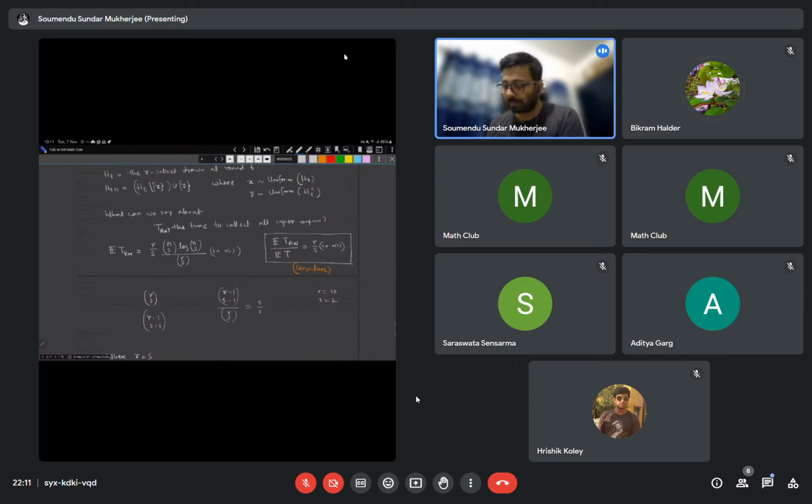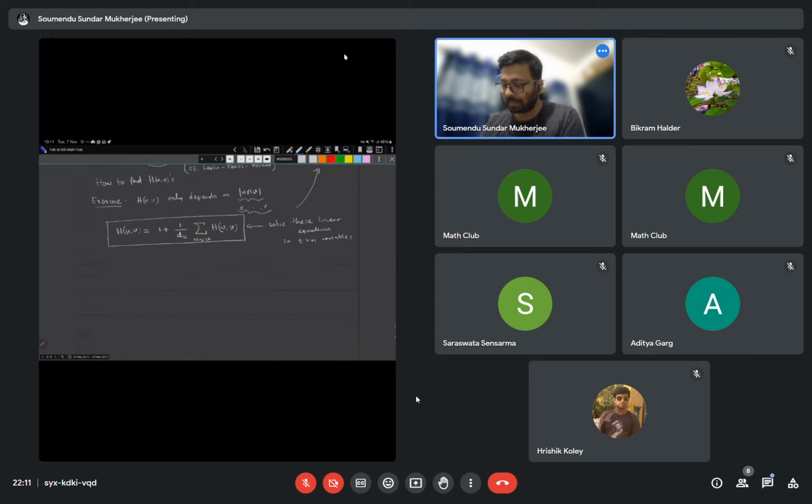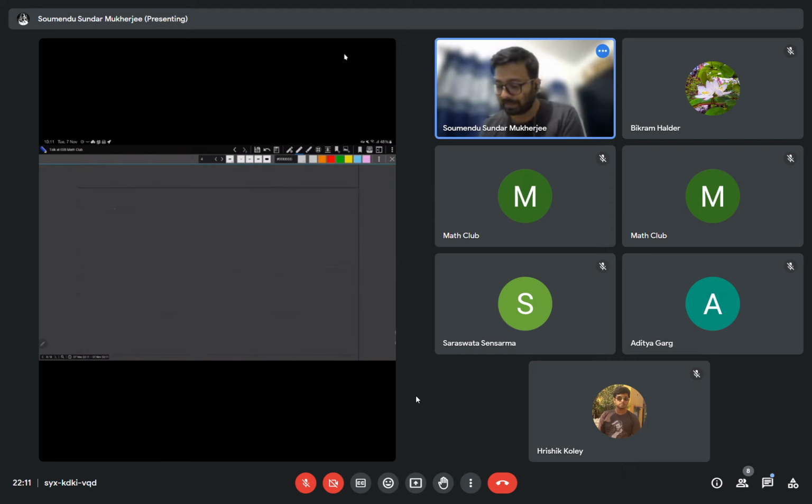Another thing I did not mention here, which is also not known for this model, is that instead of trying to collect all the super coupons, suppose I want to know what time it takes to collect, say, 50% of all the super coupons.